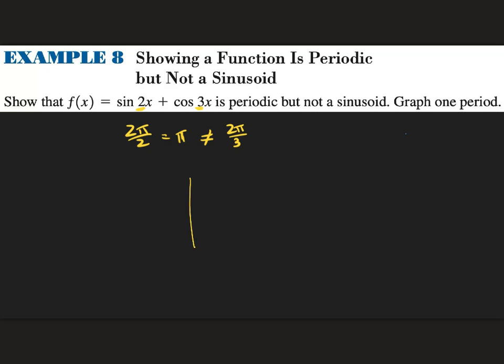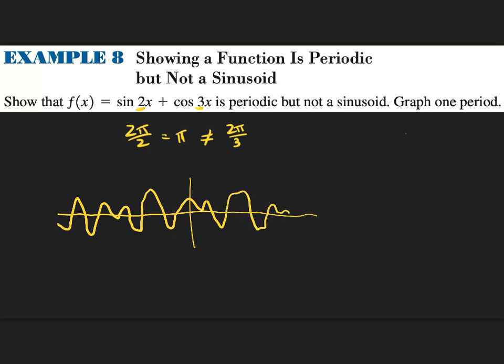If we were to graph this from negative 2 pi to 2 pi, we would see something like this. It looks periodic where you have ups and downs. You got the same maximum, the same minimums, but it doesn't do it each time.